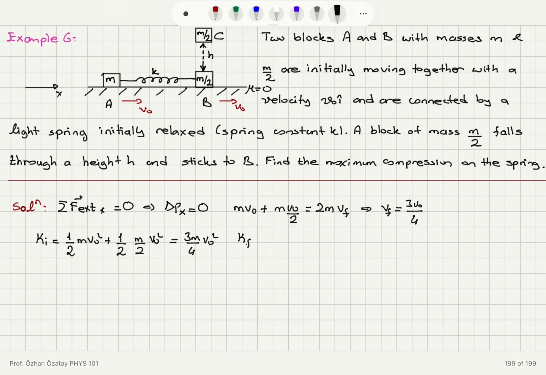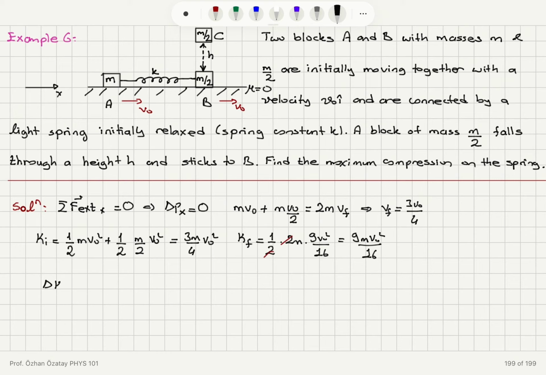The final kinetic energy will be 1/2 times 2m times 9v0 squared over 16. So this is going to give me 9m v0 squared over 16 final kinetic energy.